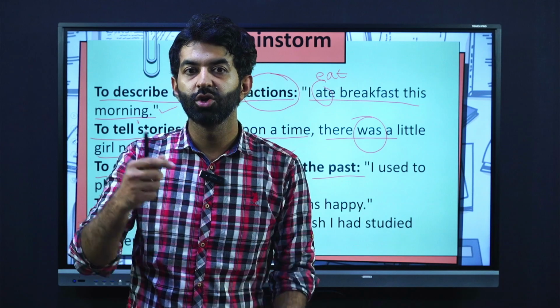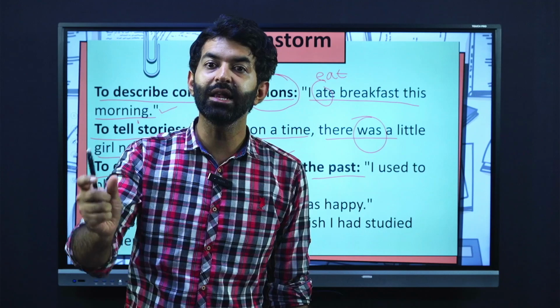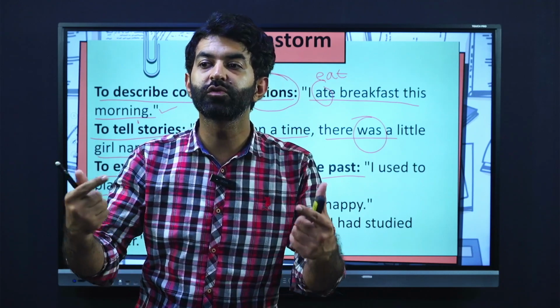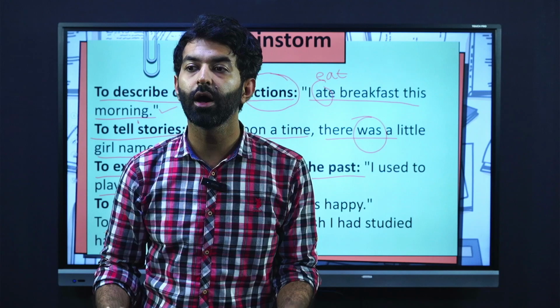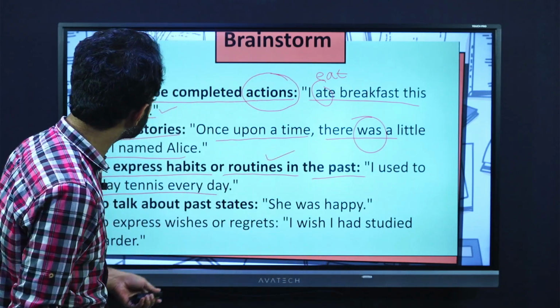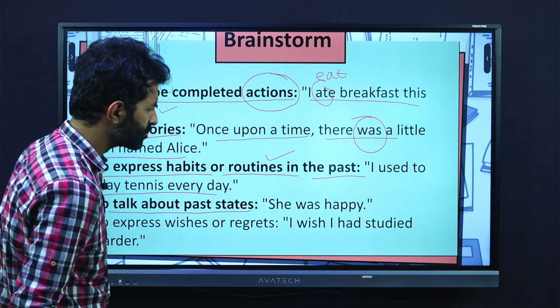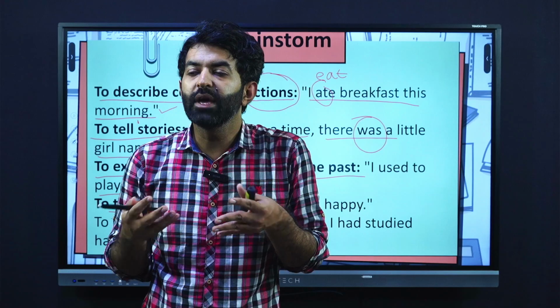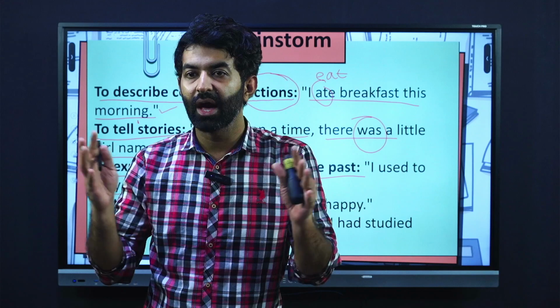So was, used, use तो एक सिंपल है, सिंपल वर्ड है, लेकिन डी लगा के हमने उसे used कर दिया, which shows us that we are talking about the past and we are telling a habit or a routine. So this is the third purpose. And then we talk about past states. Now, state of being, like you're happy. क्या है आप? क्या हालत है आपकी?